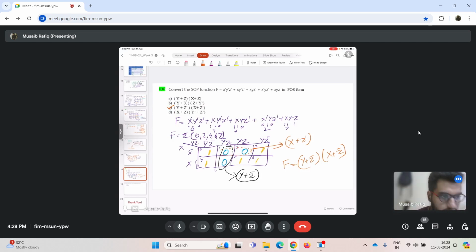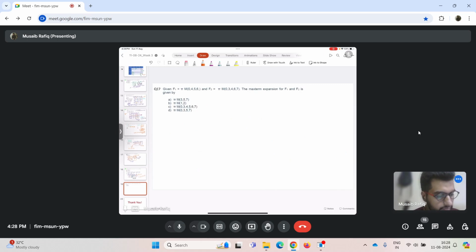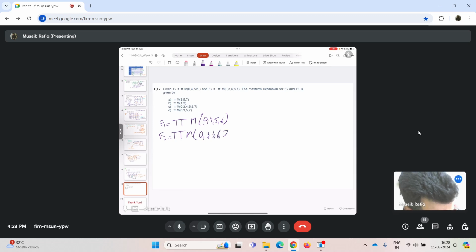Now coming to the last question of today's live session, it states that given f1 equal to product of sum of max terms 0, 4, 5, 6 and f2 equal to product of sum of max terms 0, 3, 4, 6, 7, the max term expansion for f1 and f2 is given by. The max term extension for f1 and f2 is basically product of f1 dot f2.